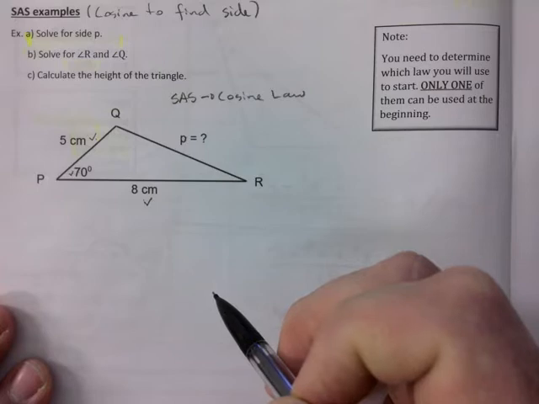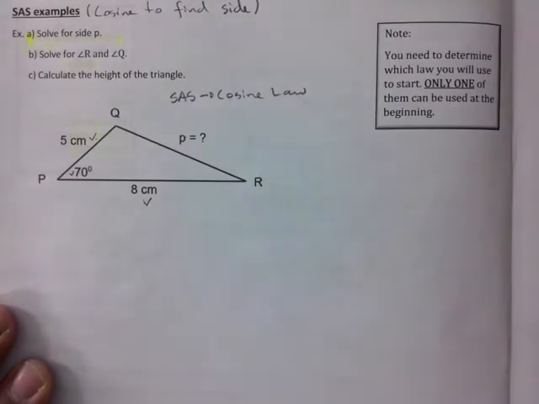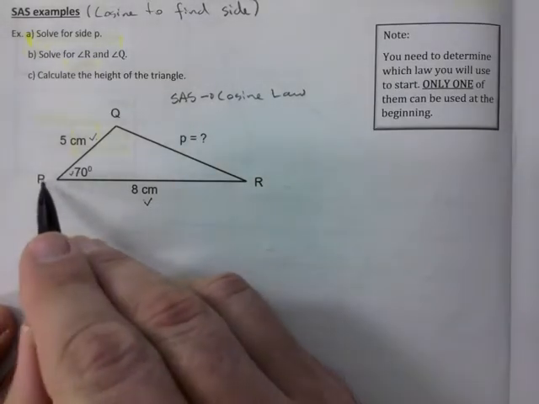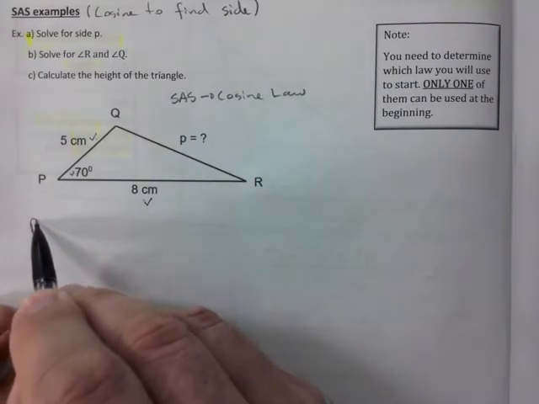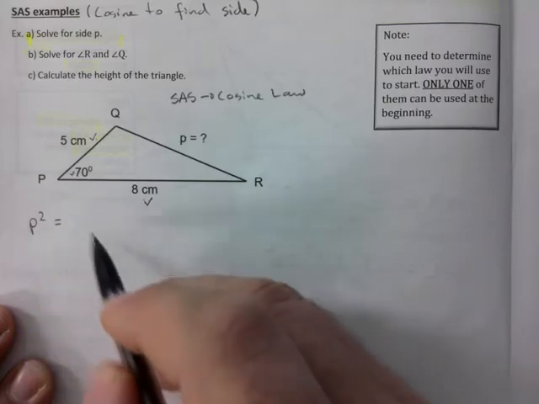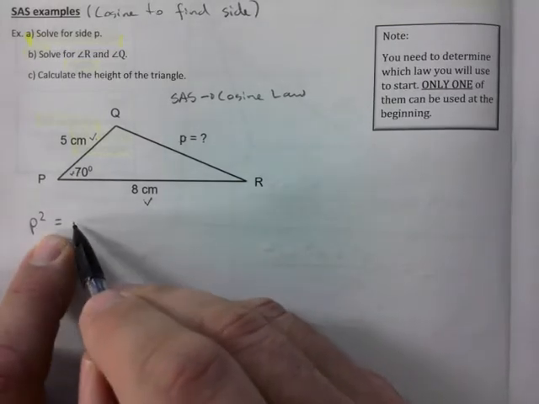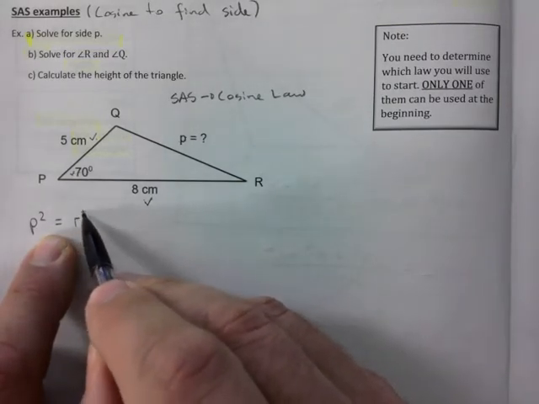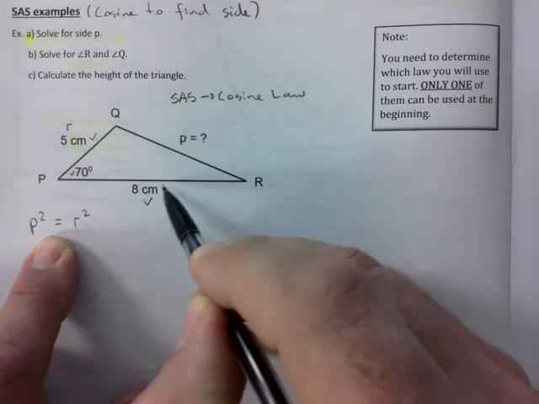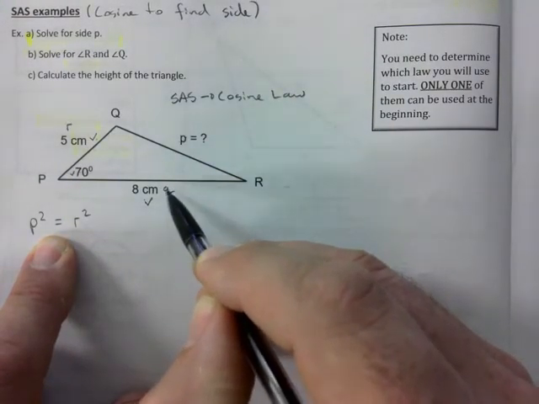Oops, there it is. Anyways, if I want to solve for P, let's write out the formula. You don't need to do this normally, but P squared would be R squared. So let's put an R here and a lowercase q there so you know what I'm talking about.